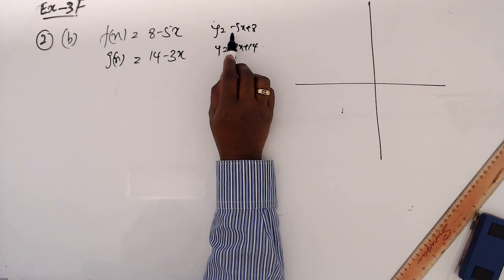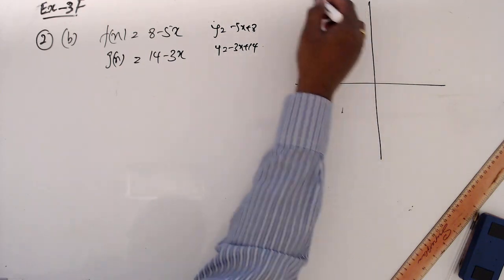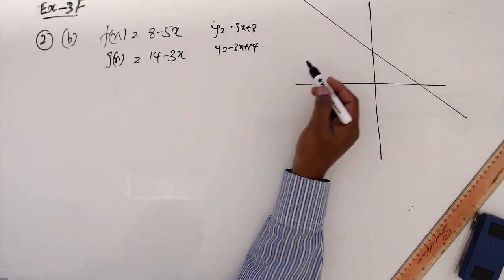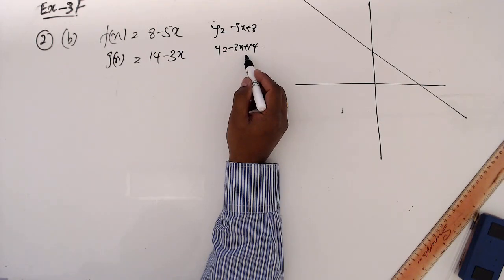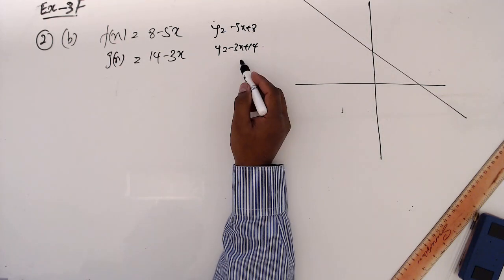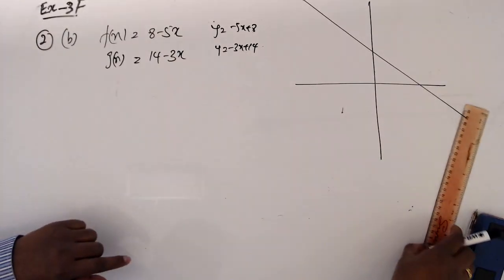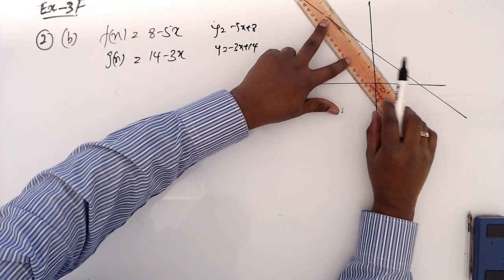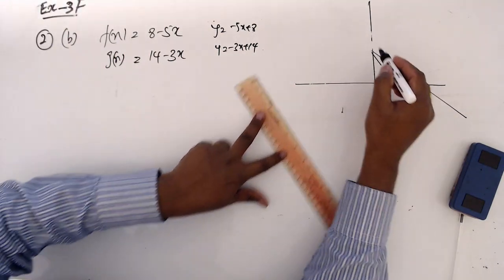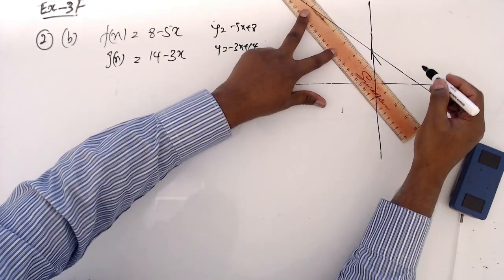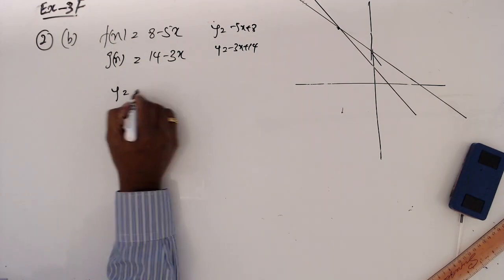This one has more gradient. We'll work out y equals minus 5x plus 8.